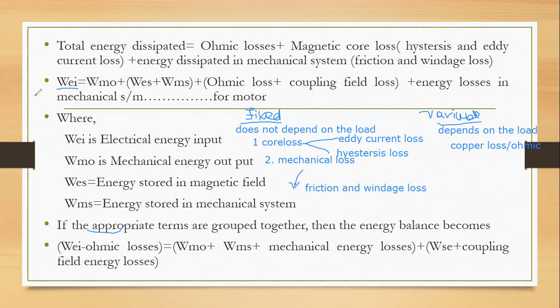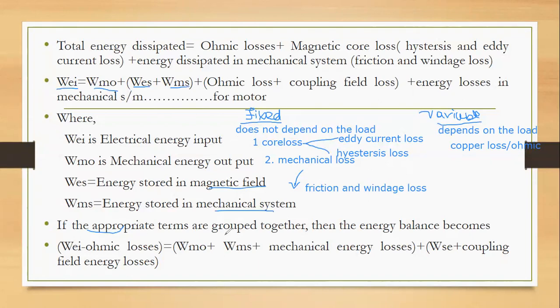If we consider the motor, in the motor case, the input is electrical, right? The output is mechanical. So the energy stored, like I already explained in the previous slides, can be stored in the magnetic field and it can be stored in the mechanical system. So this one is W_fld, meaning energy stored in the magnetic field, and W_mech meaning energy stored in the mechanical system, plus the losses.